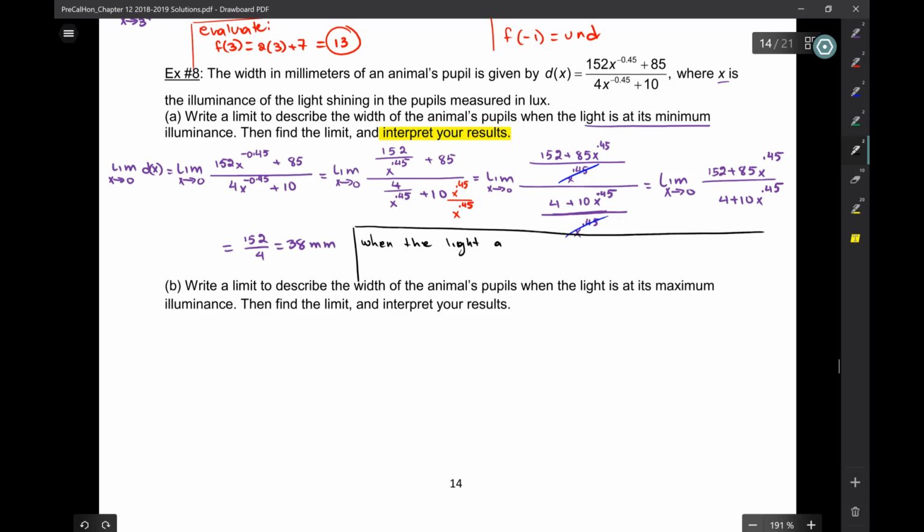So basically when the light is at its minimum, the pupils approach a width of 38 millimeters. Okay, coherent English sentence, but you've got some beefy stuff in there.